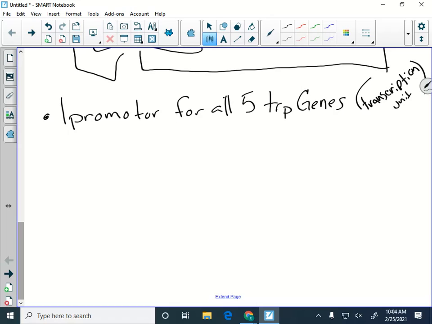Grouping genes like this is advantageous because we can have an on-off switch to control the whole cluster.